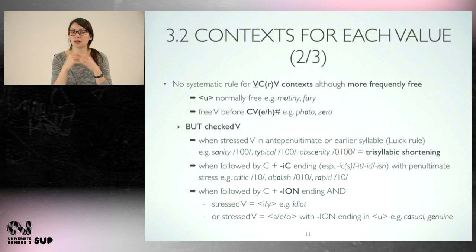So in casual, in genuine, you can explain the fact that the vowel A is pronounced as A and not A, the vowel E is pronounced as E and not E, by the fact that you have an ian ending starting with U after the consonant. So these are complex rules, but they prove useful because they apply to many words actually.